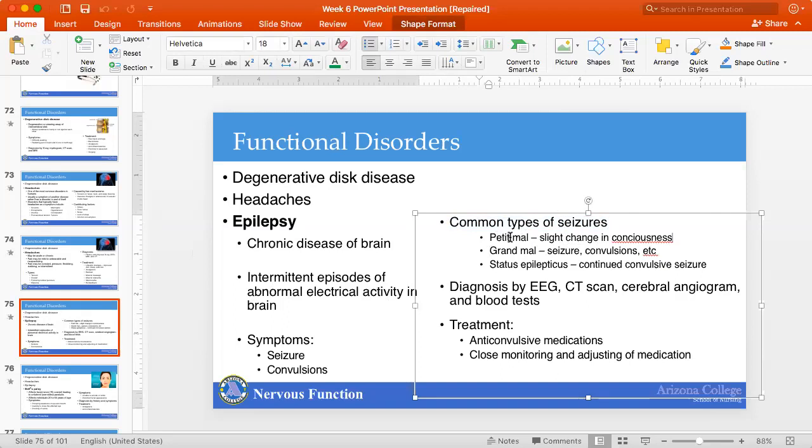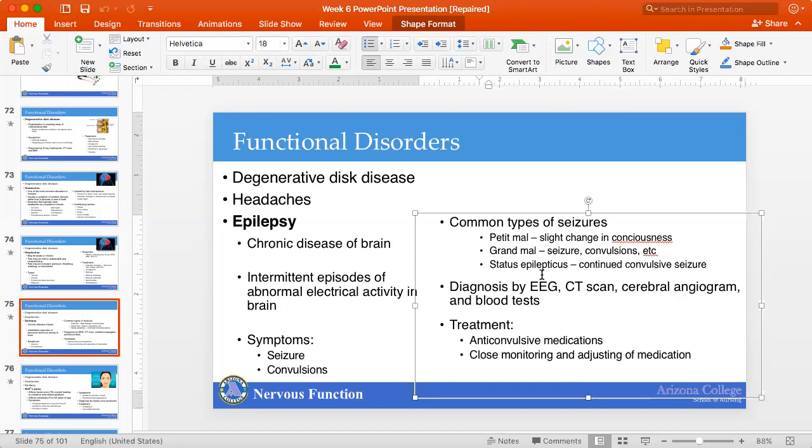Petit mal, you can think of it as petite, a small amount of the brain that is affected. If you have a grand mal seizure, it's the entirety of the brain itself having a seizure or convulsion.